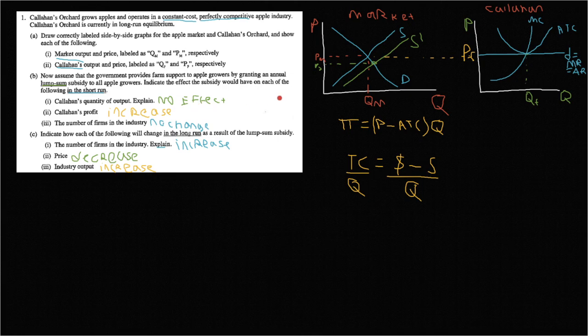You might think, oh, subsidy, it'll increase. No, it's because it's a lump sum, it does not affect the marginal cost curve. And so that is probably where a couple people got tripped up.